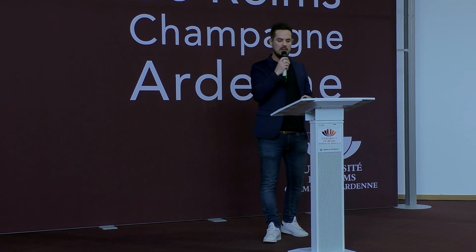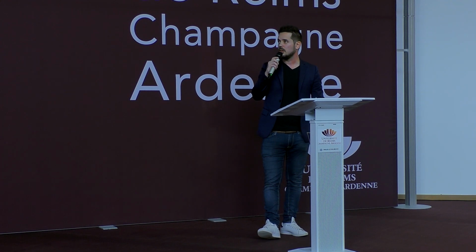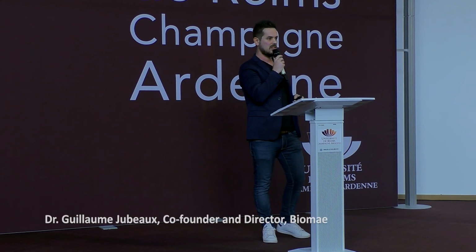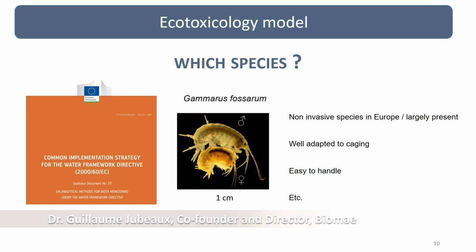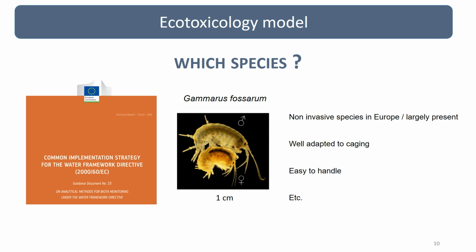So at Biomae, we chose a small amphipod crustacean named Gammarus fossarum, which is introduced in a European technical report for active biomonitoring. There are different species, but this species is interesting because it's a non-invasive species in Europe, largely used and largely present. It's a species well adapted for caging.